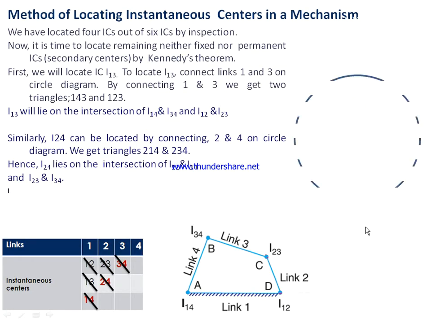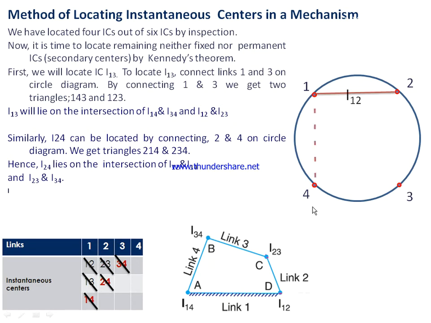Right. Now, the remaining instantaneous centers are I13 and I24, and they can be located again by using this circle diagram. We have already seen this in the previous slide.